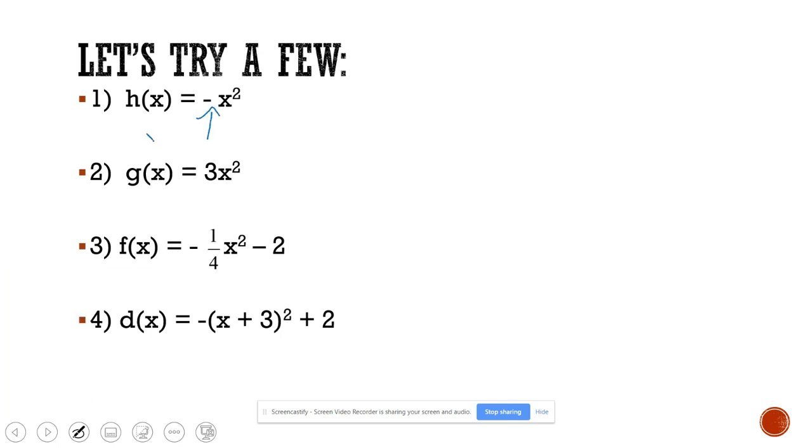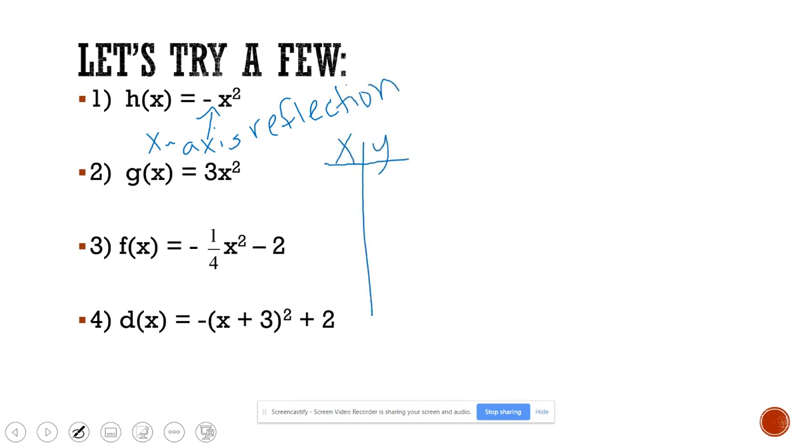Negative x squared is our x-axis reflection. So our parent t-table, this is our parent function of x squared. Remember, we're -2, -1, 0, 1, 2.